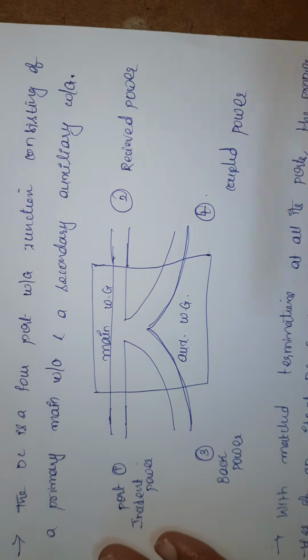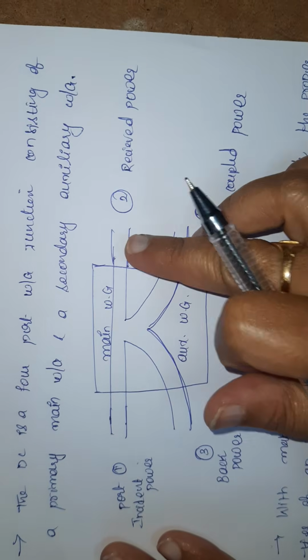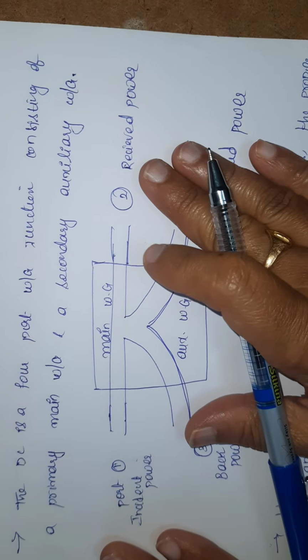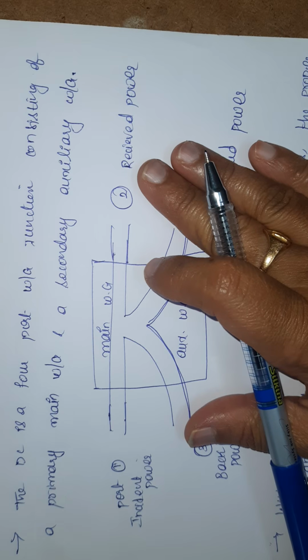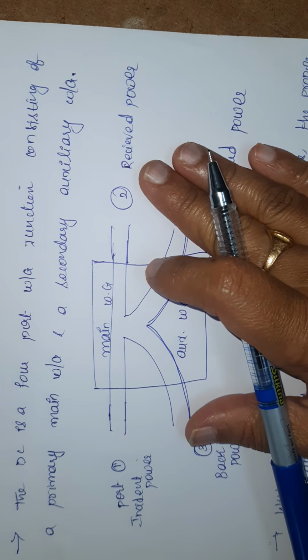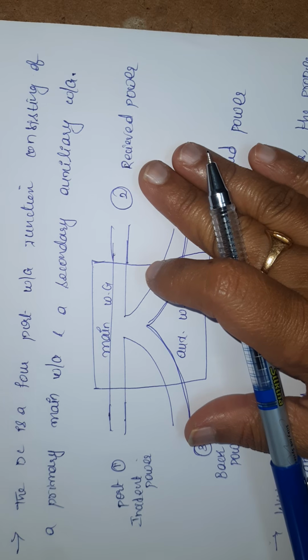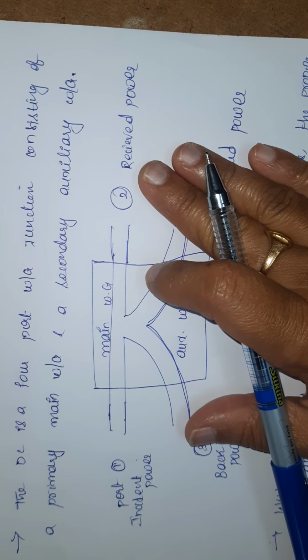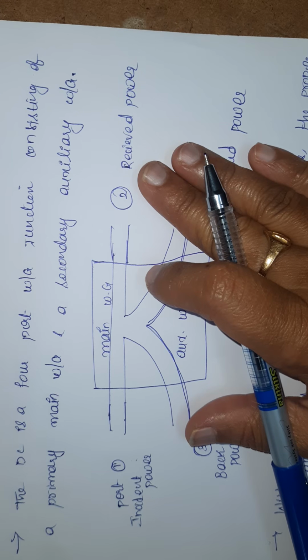Here I am assuming that all four ports are perfectly matched, and already we discussed in the last session what perfectly matched ports means: ports which do not have any reflected power, ports having impedance equal to the characteristic impedance.